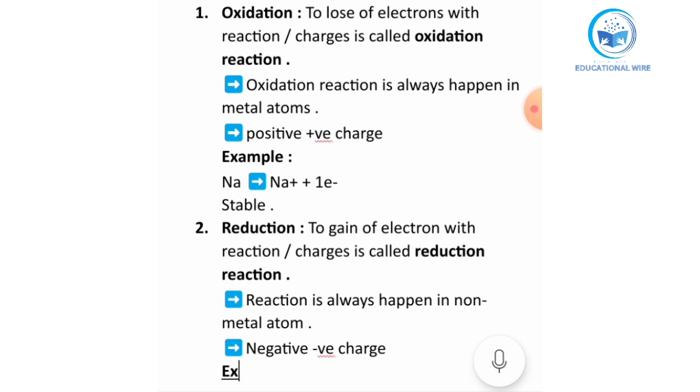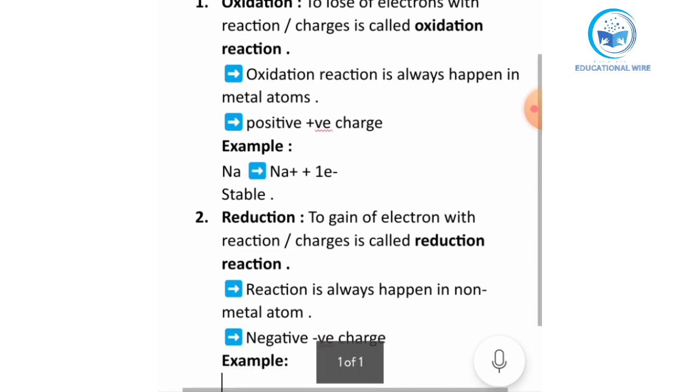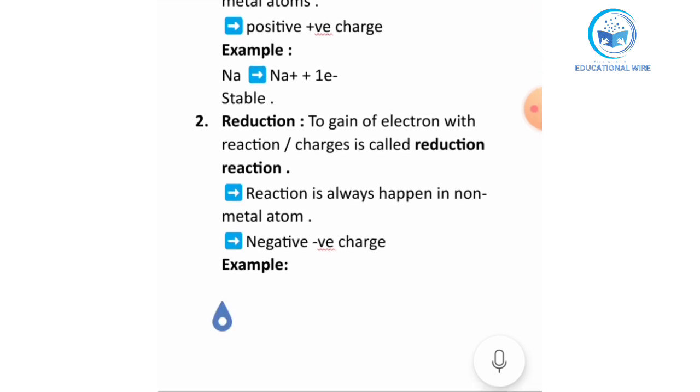Let's take one example of it. We have to take a non-metal, so we should take oxygen, O. In the upper example of oxidation, we had one electron in the outermost shell, and we lost that one electron to be stable. Now in this one, oxygen needs 2 electrons to gain.